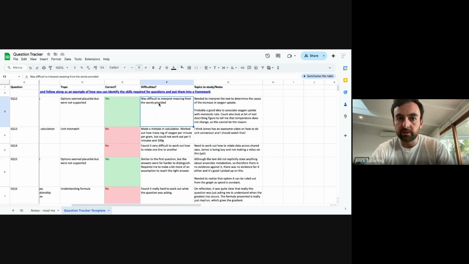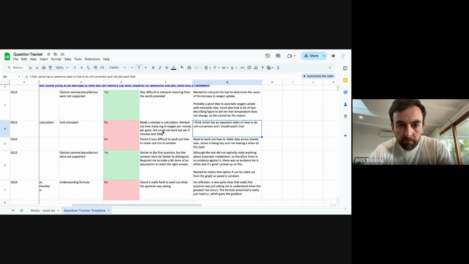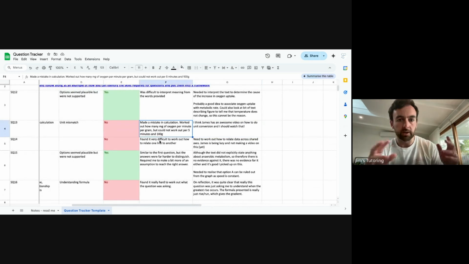So, difficult to interpret meaning from the words provided. Then you can start to build things. I wrote here, probably a good idea to associate oxygen with metabolic rate or something like that. So you start to look at these things a little bit differently and think about how you can associate words. And then in this one with units, I calculated the units wrong.